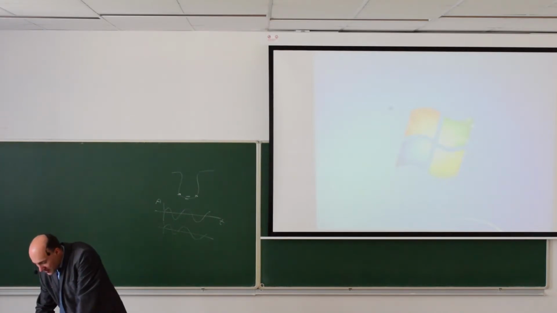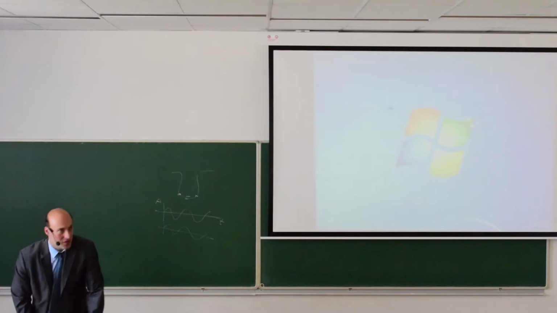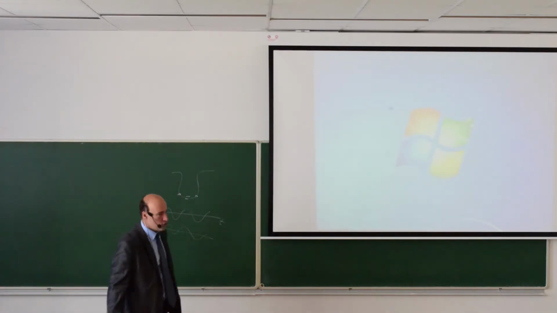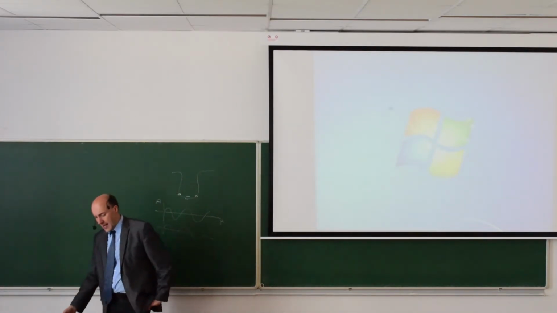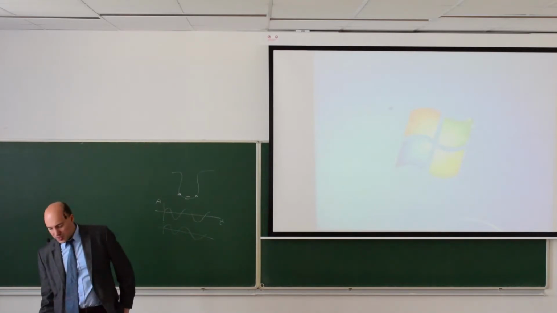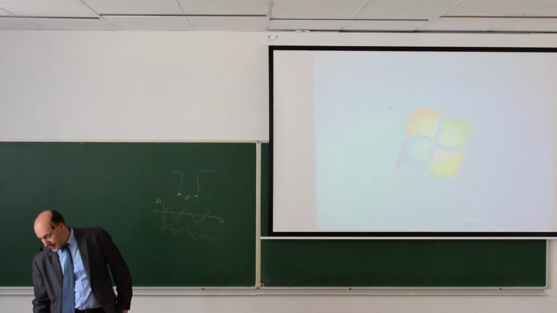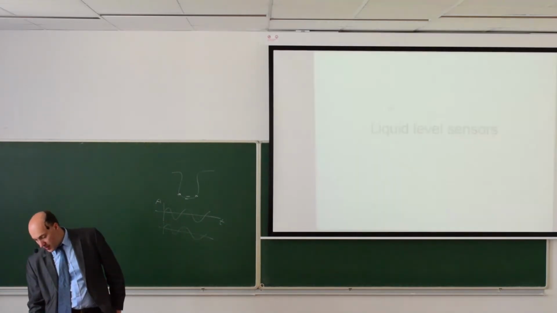Okay, so let me start with liquid level. I think we'll be able to finish it today. So liquid level sensors are quite similar to position sensors because we will see many similar principles that are used in position sensors.